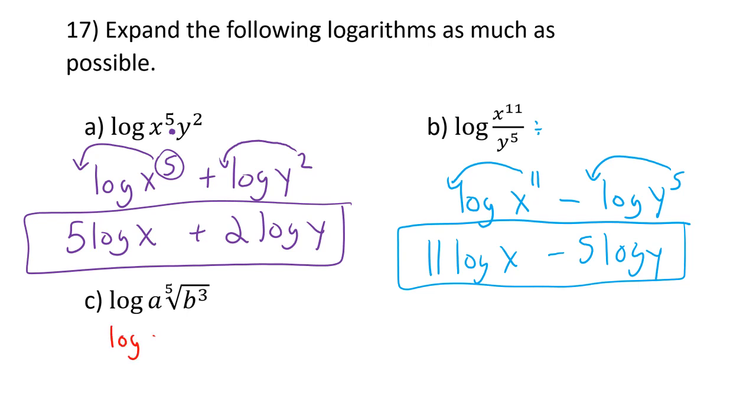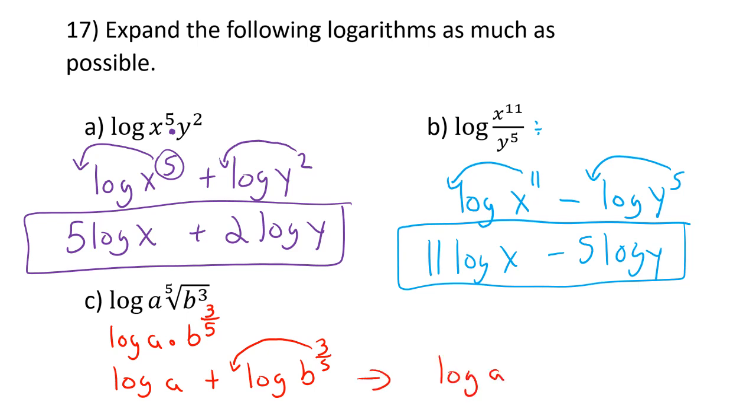So it's log A times B exponent over index. Now there's a times sign here. We can go ahead and expand that with a plus sign. And if you have an exponent, move it in front. So we would have log A plus 3 over 5 log B.